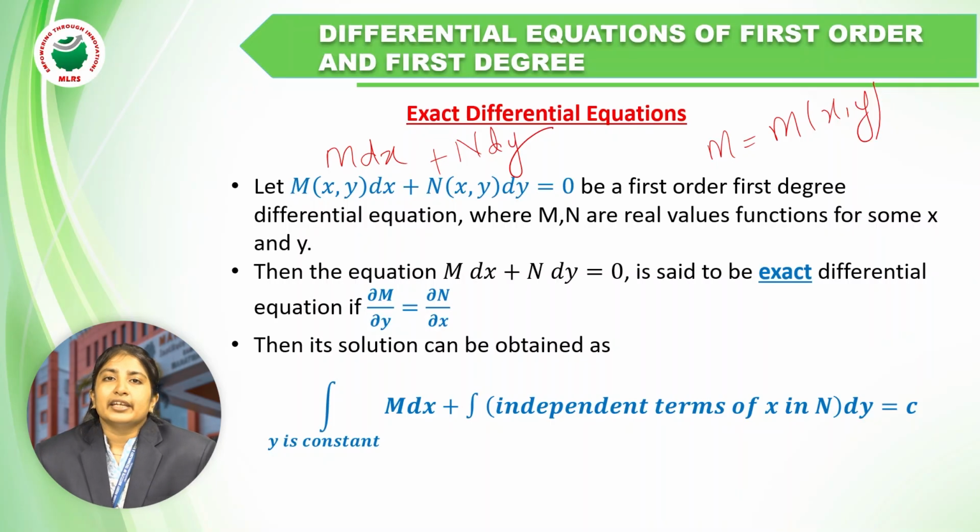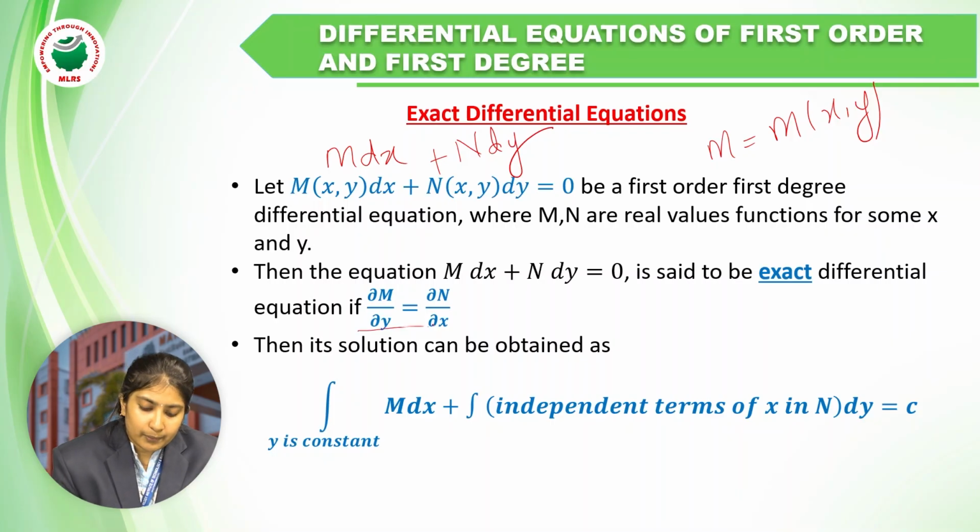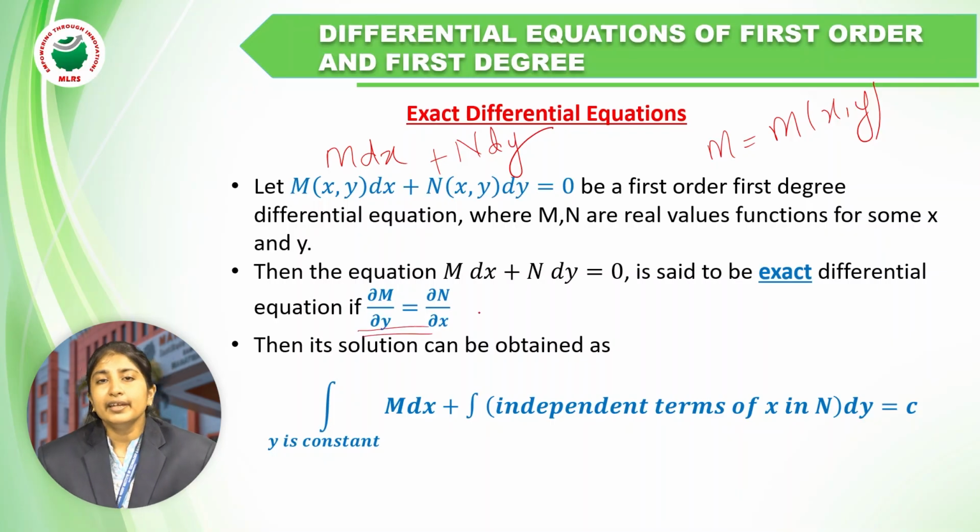So an equation of the form M of x,y into dx plus N of x,y into dy equal to 0, a first order, first degree differential equation where M and N are real valued functions of x and y, is said to be an exact differential equation based on the condition dou M by dou y equal to dou N by dou x.